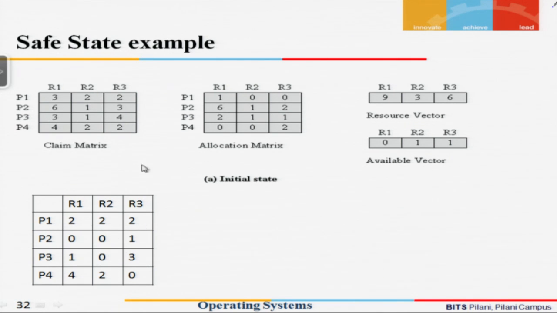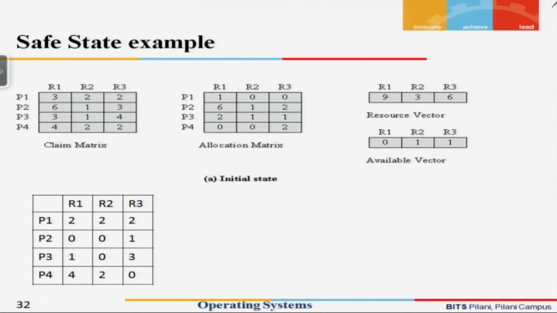In the same way, it is very simple mathematics. We just subtract element by element from the matrix to get the need matrix. So this is what the example is.